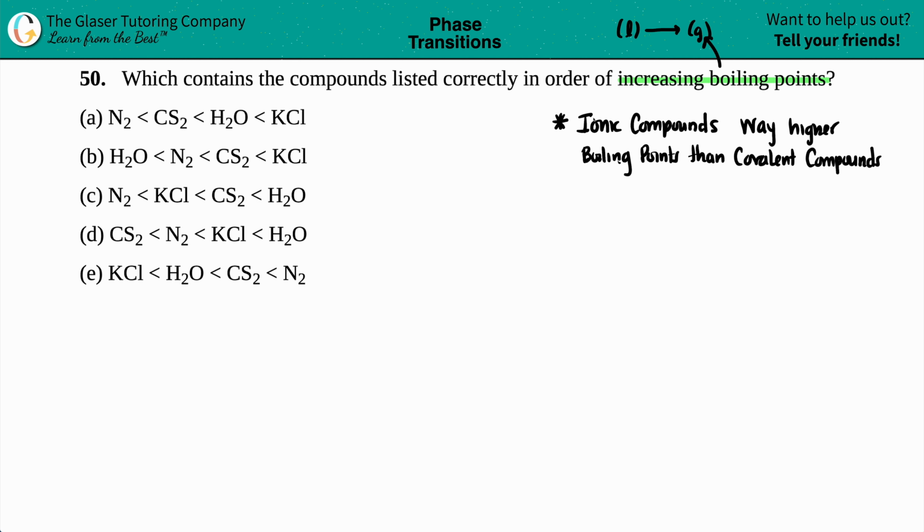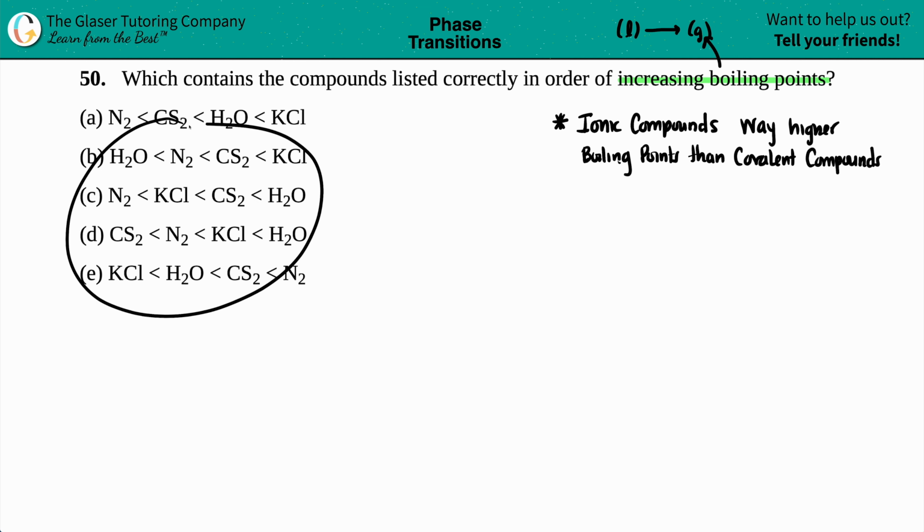And it kind of makes sense. Think of table salt, or any type of salt, is always a solid at room temperature. That's not even a liquid. So that's why those boiling points are really, really high.